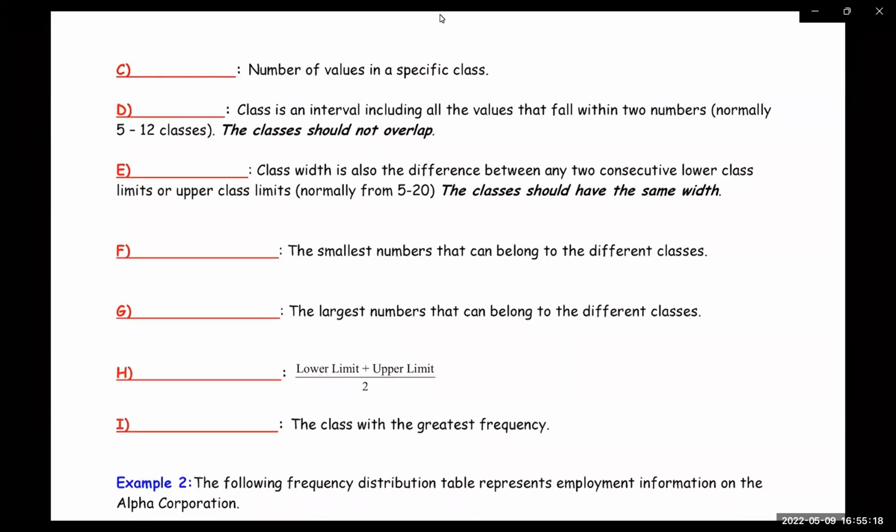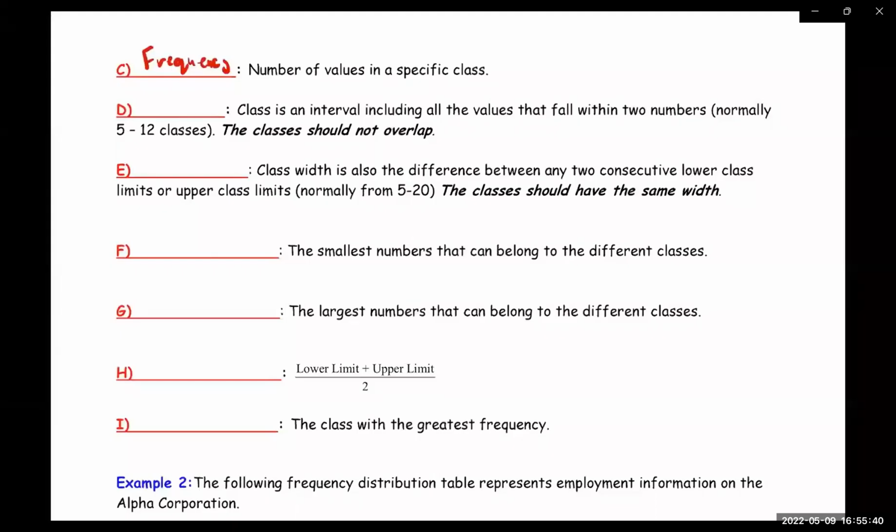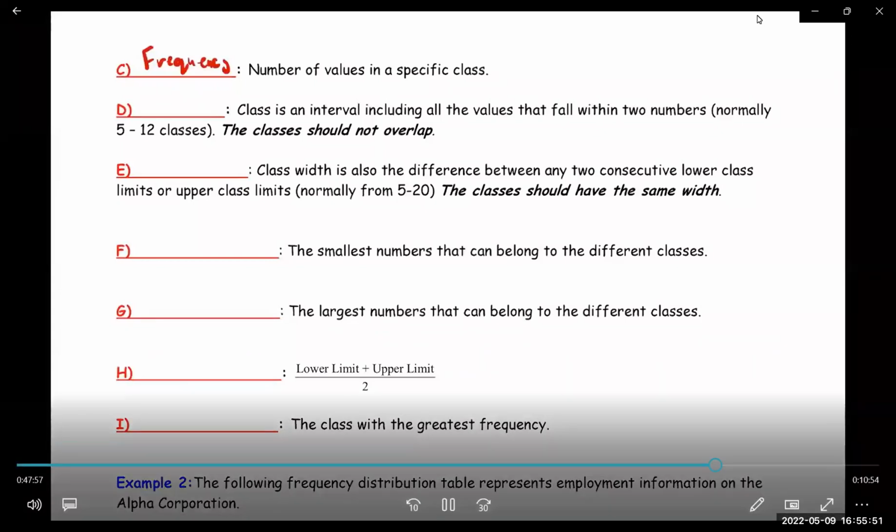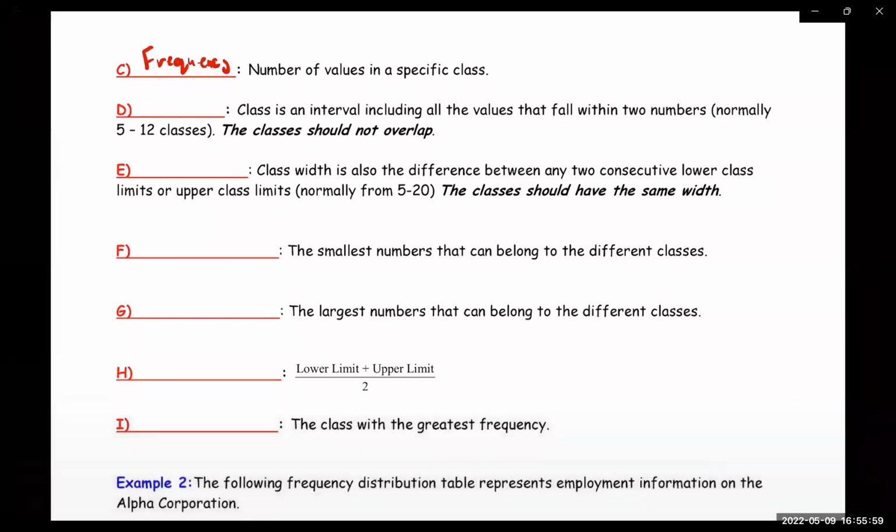All right, the next, uh-oh, I lost my connection. Let's try that again. Let's continue. So, okay, the next one says blank class is an interval including all the values that fall within two numbers, normally 5 to 12 classes. The classes should not overlap.